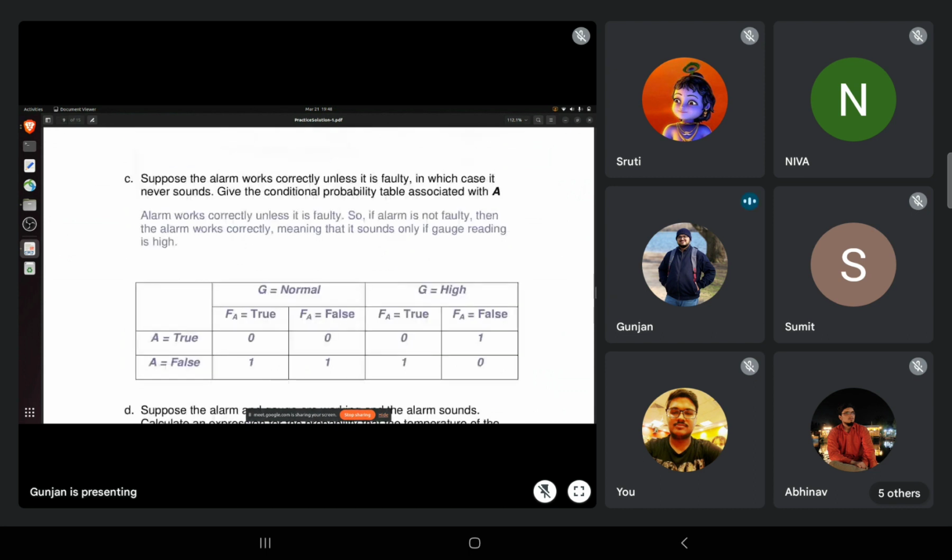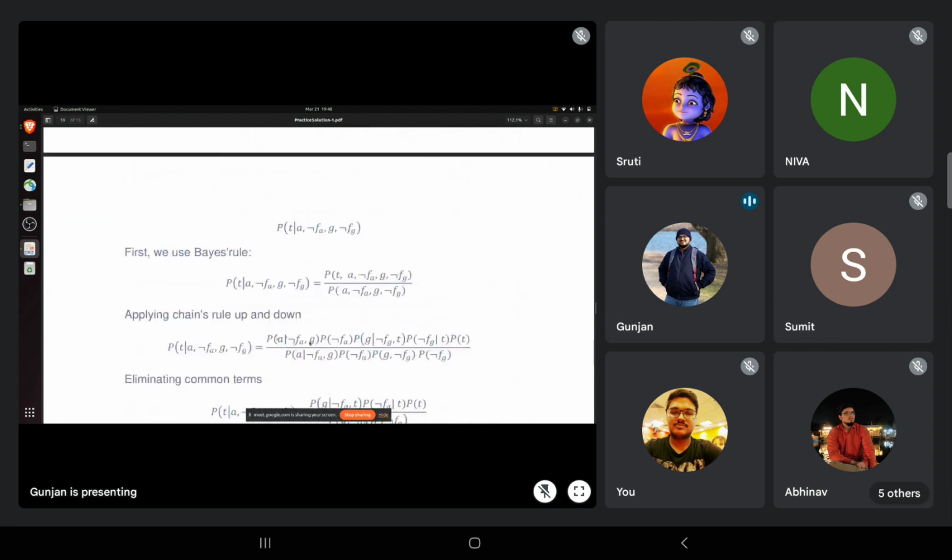So we write alarm as dependent on not FA, comma G. Then not FA is separated. Then we write G, the gauge reading, dependent on the temperature and whether it is faulty or not. Then the faultiness of the gauge also depends on temperature, so not FG conditioned on T, and P of T. That is how we segregate this entire thing.